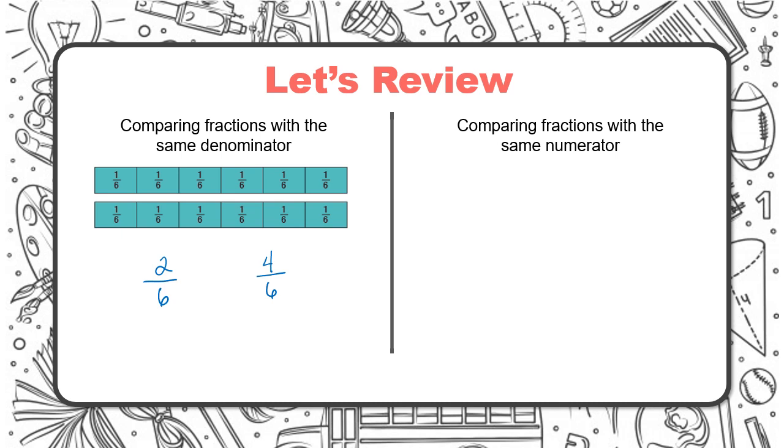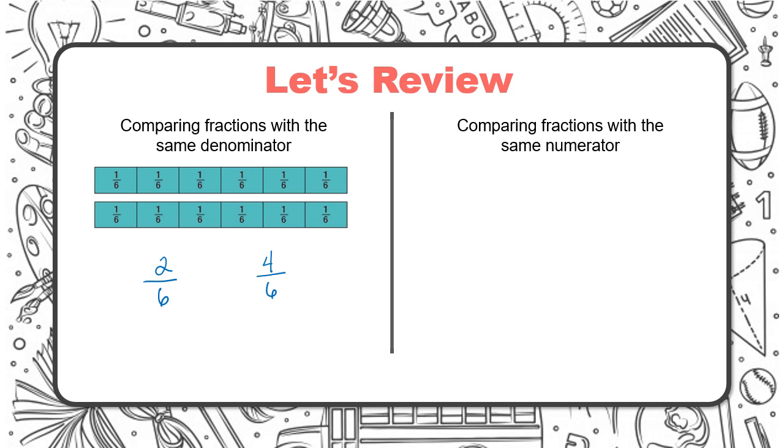Since both fractions have the same denominators, we know that our parts are going to be the same size. And then we can just look at our numerators, 2 parts or 4 parts, and see which one is greater. So I know that 2 parts is less than 4 parts.